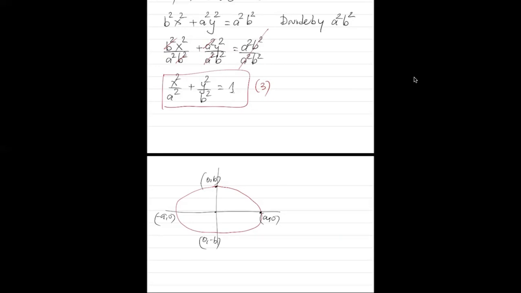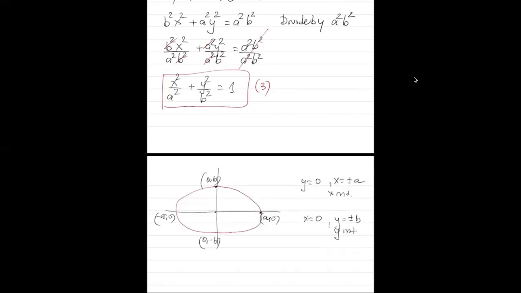So if we say y equals 0 in the above equation, we'll have x equals plus minus a. So those are the x-intercepts. And if we say x equals 0, we'll have y equals plus minus b, and those are the y-intercepts.